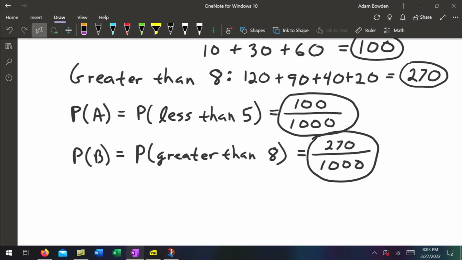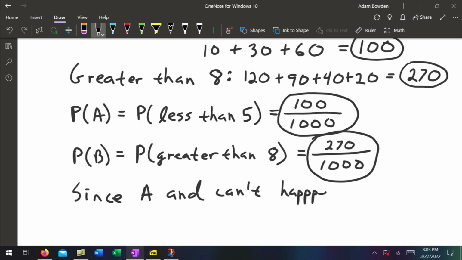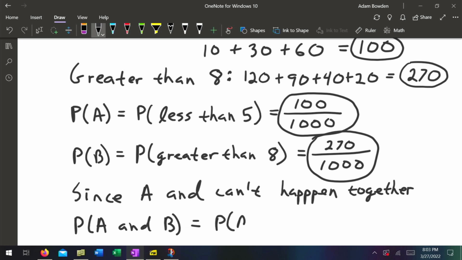Since these events A and B can't occur at the same time, you can't have a sum which is both less than 5 and greater than 8, so they can't happen together. The probability of A and B, in other words, the probability of A intersect B, is equal to 0.